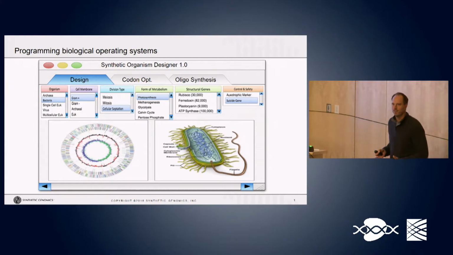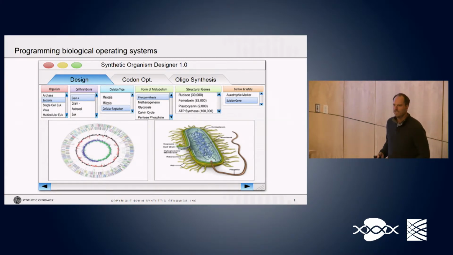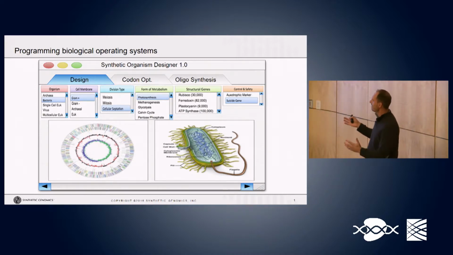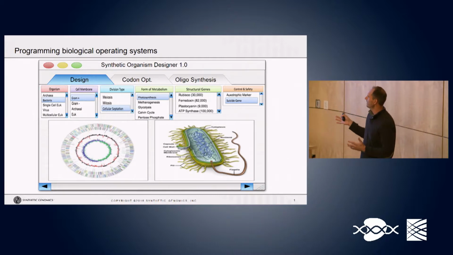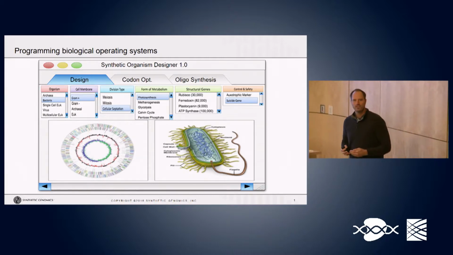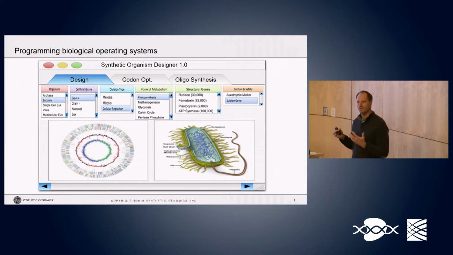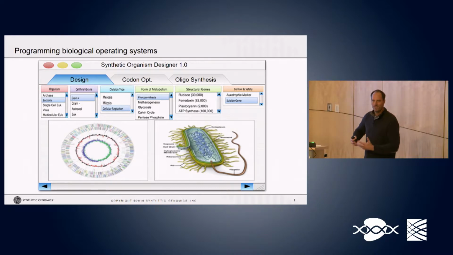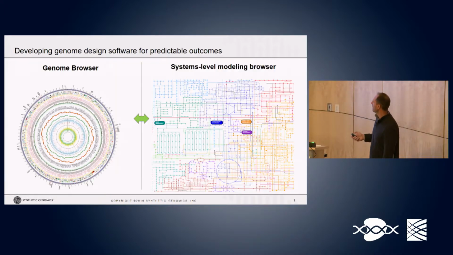So the long-term vision of my groups, both at the Venter Institute and at Synthetic Genomics, is to develop the capacity to design and build synthetic organisms from the bottom up. So ultimately, we want to have genome design software such as this, where you can select all of the characteristics that you want in your cell, and then the genome design software will give you that complete genome sequence, which you can then synthesize and activate to make a self-replicating cell.